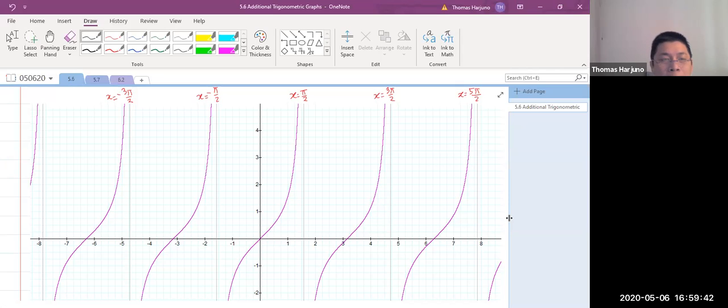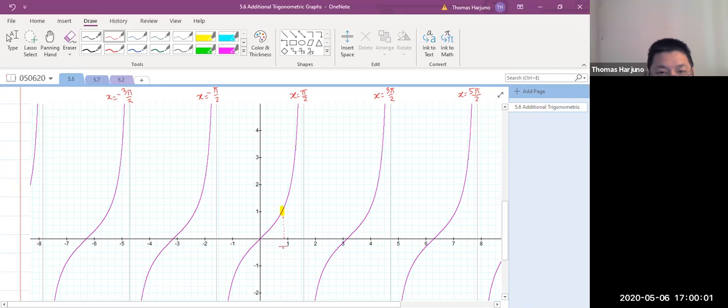Now, do you remember that tangent of pi over 4 is equal to 1? Now, when y equals 1, you see that this is our pi over 4.